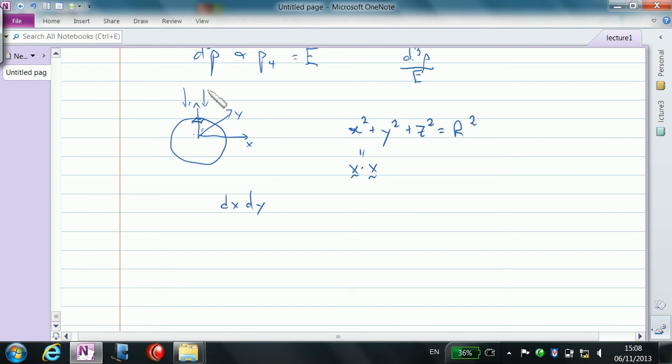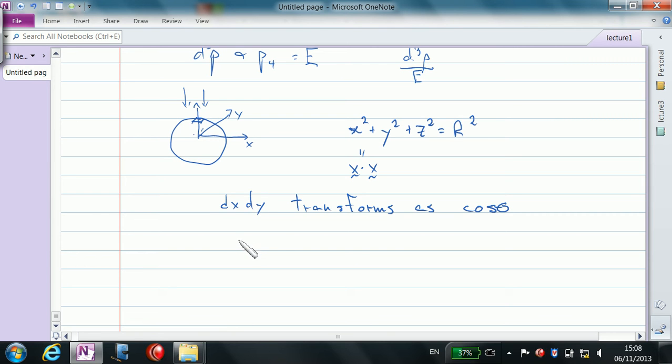If I rotate it away from the z-axis by angle theta, then this transforms as cosine theta. If I rotated it from the north pole to the equator, dx dy formally goes to 0 because it has 0 projection.